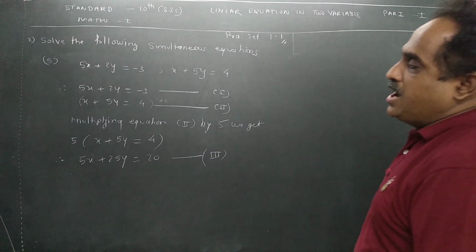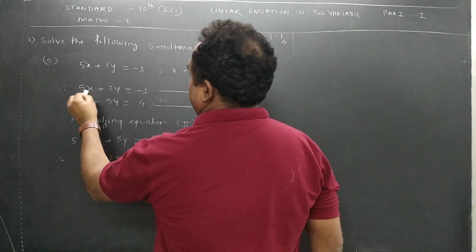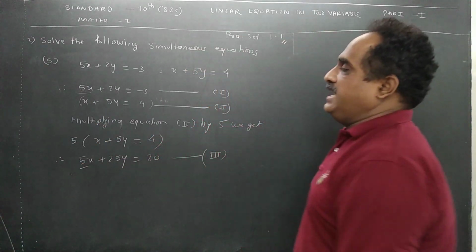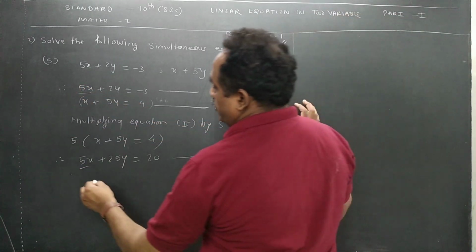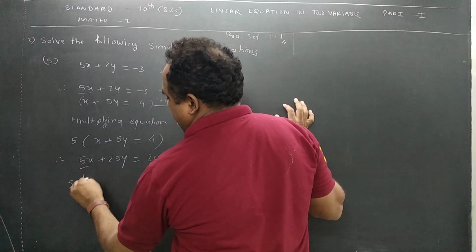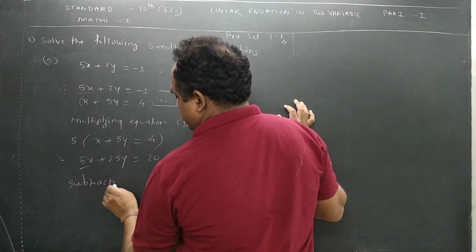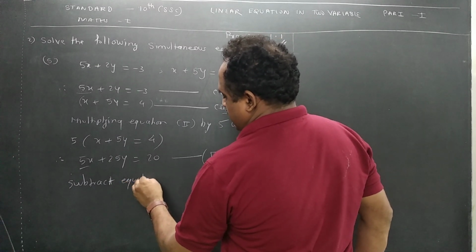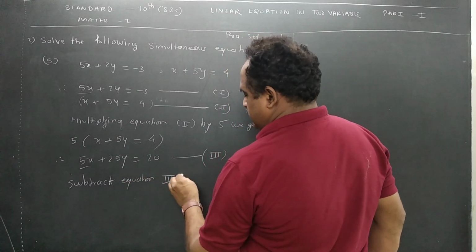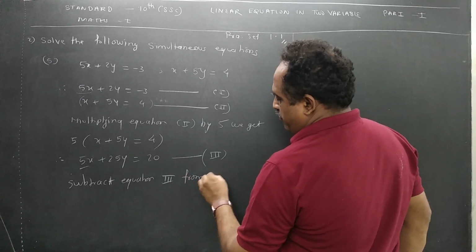You got it? Now these two coefficients are the same, 5x and 5x. See the sign? It is plus, and it is also plus. So what am I going to do? Subtract. Subtract equation 3 from 1.